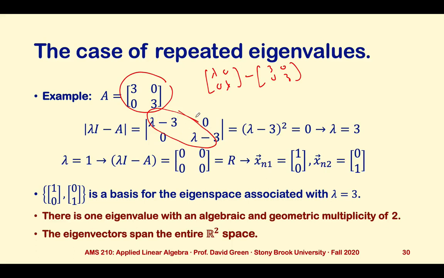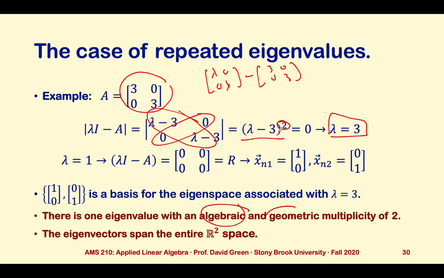The product of the diagonals minus the product of the off diagonals gives us a characteristic polynomial that is already factored. It's clear that this will be equal to 0 only when lambda equals 3. We have one eigenvalue, and once again, its algebraic multiplicity is 2, the same as the case before.